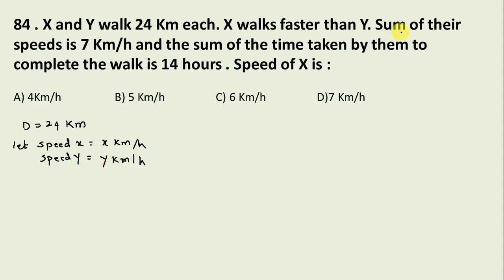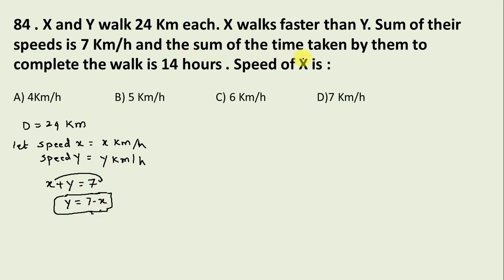Here sum of their speed is 7 km. So speed of X is x and speed of Y is y. The sum of these is 7. We resolve for y. y is equal to 7 minus x. We use this equation afterwards.